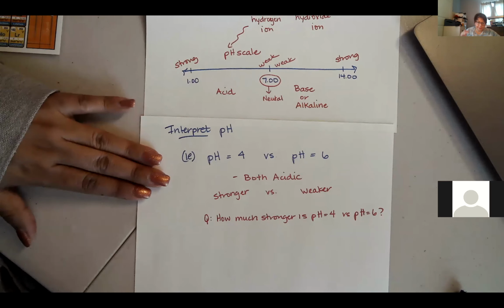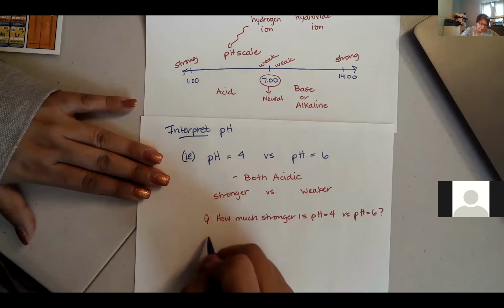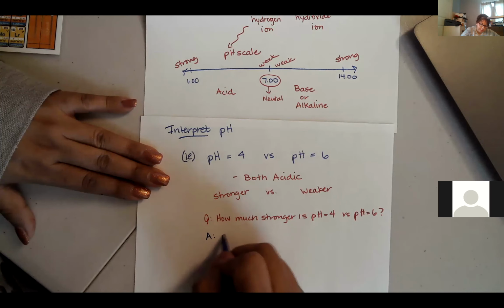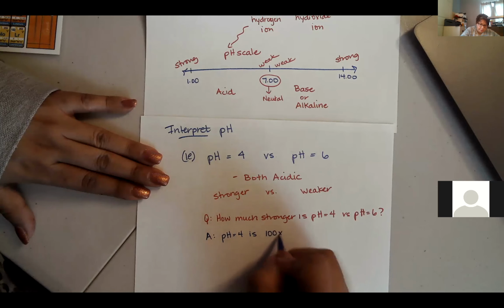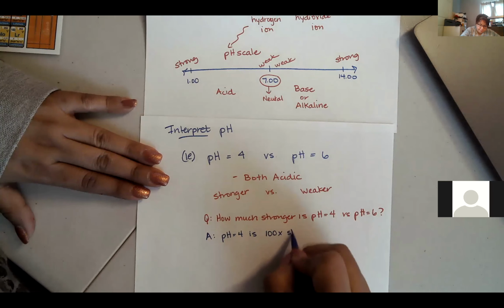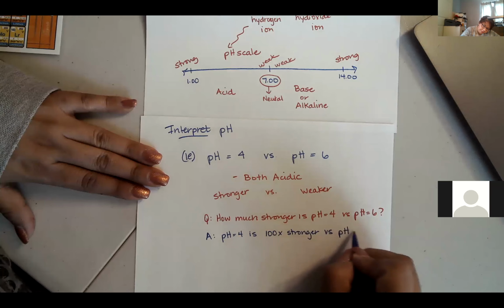Okay, this is not meant to be a trick question. But here's the answer. A pH of 4 is 100 times stronger versus a pH of 6.